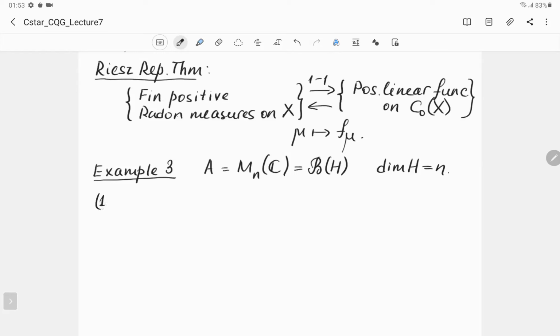First of all, we have the following canonical example of a state, the so-called normalized trace. We define a functional f on A by the following formula. It's the so-called normalized trace.